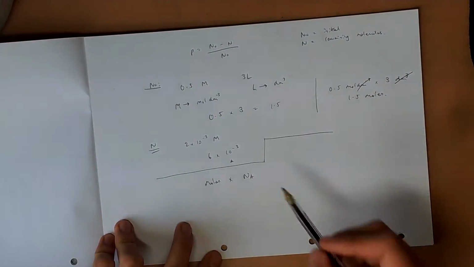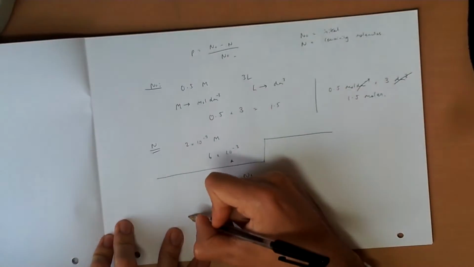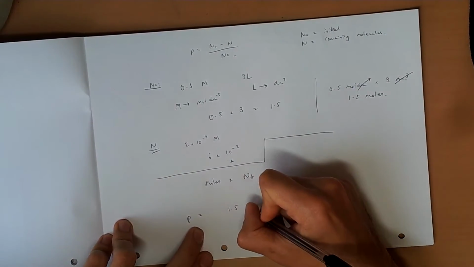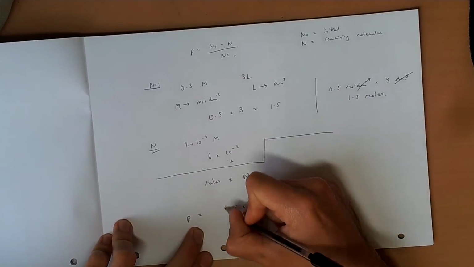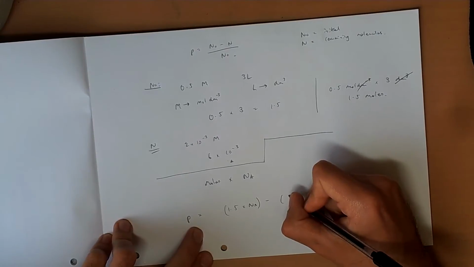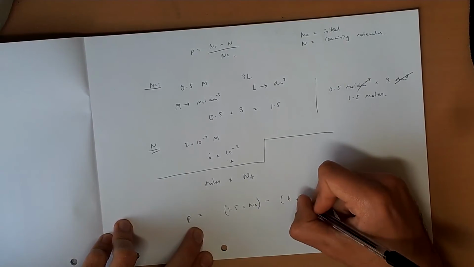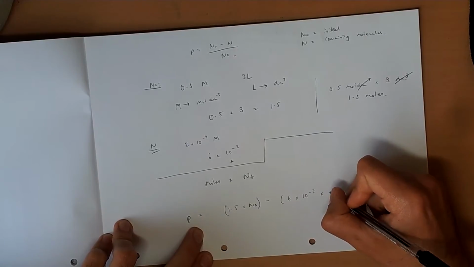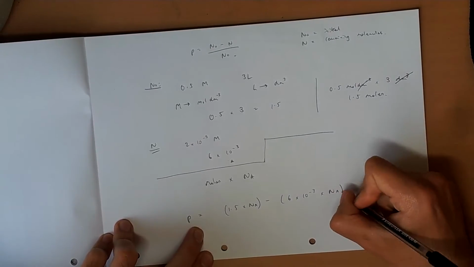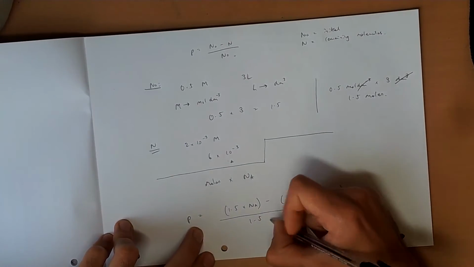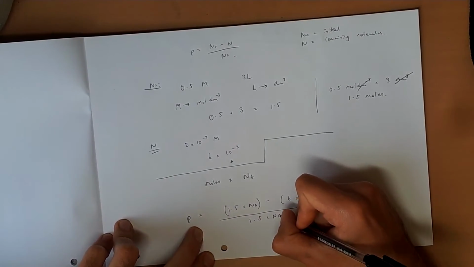So if we put this into this equation again, we get P equals 1.5 times Na minus 6 times 10 to the minus 3 times Na again, all over the initial one, which is 1.5 times Na.